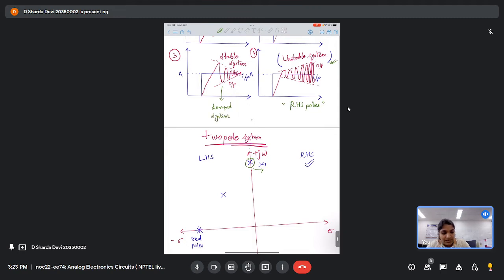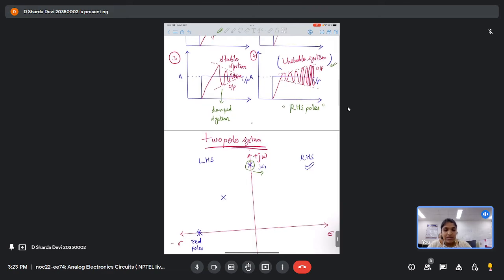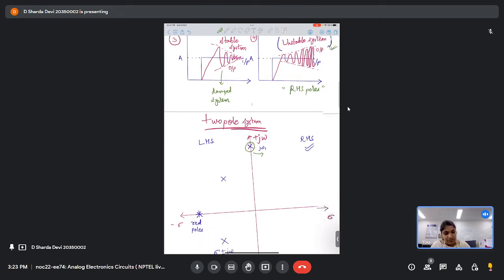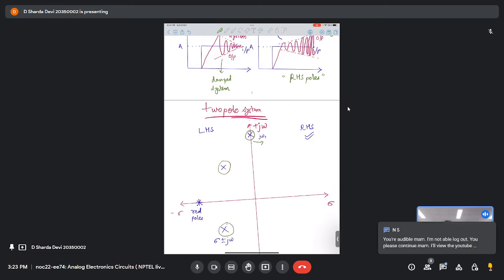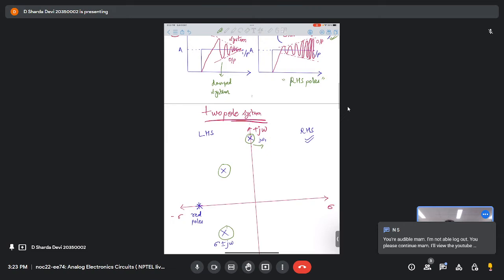Here we can see that the oscillations are getting damped and slowly converging and coming to a stable situation. This is the condition when we have complex conjugate poles.